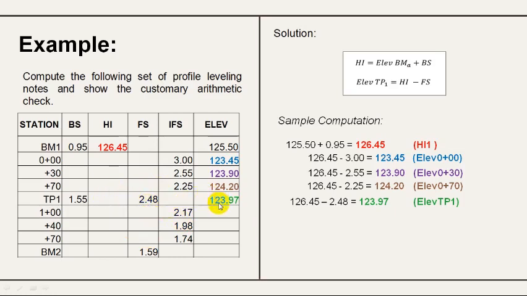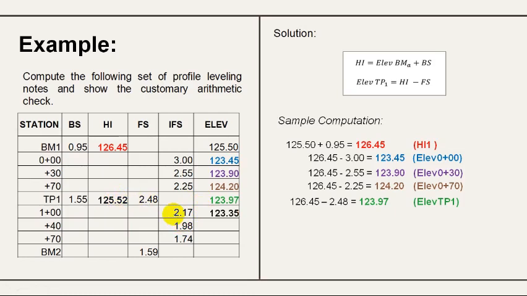Okay, let's solve the height of instrument for the second setup. 123.97 plus backsight reading, which is 1.55, equals 125.52. Then, for the elevation of station 1 plus 000, 125.52 minus 2.17.